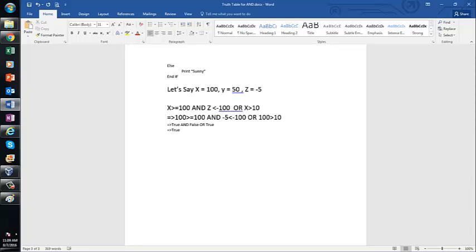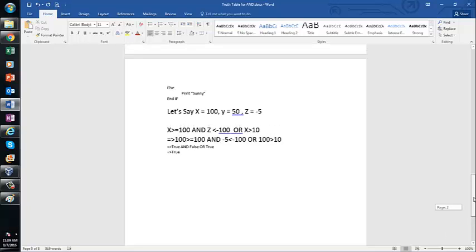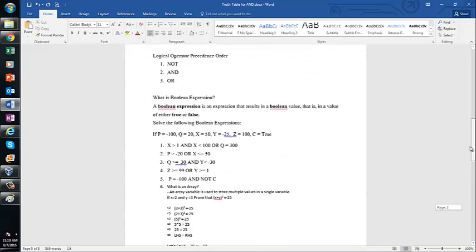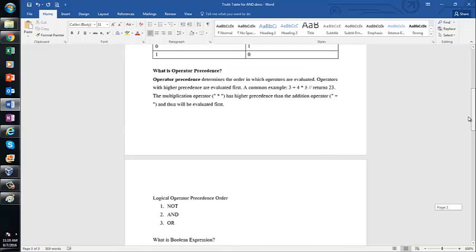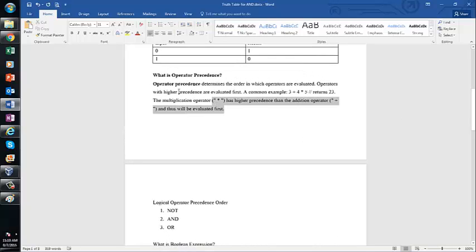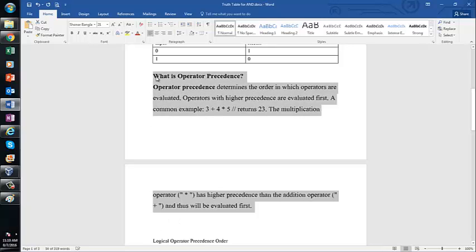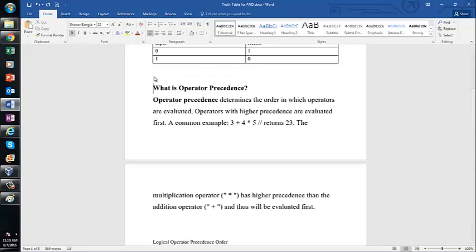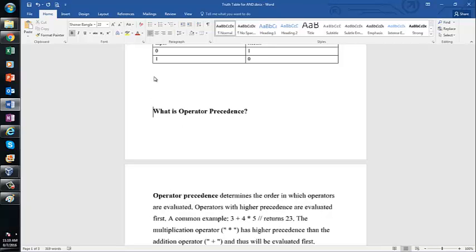My question is, what is operator precedence? Take a look here. I have a definition of operator precedence. Let me make it bigger for you so that you can take a look. What is operator precedence?